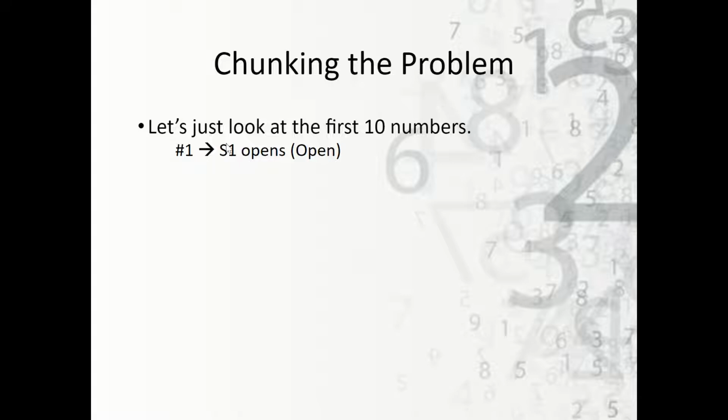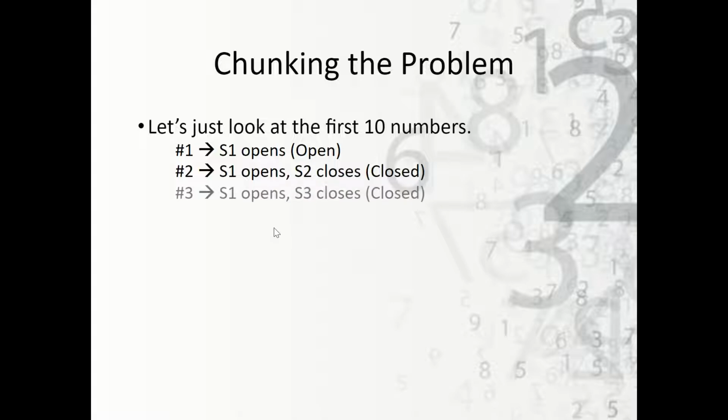So student 1 will open locker 1 and it'll stay open. Now locker number 2, student 1 opens it and then student 2 closes it. So it's closed. Locker 3, student 1 opens it, student 3 closes it. So it's closed. Locker 4, student 1 opens it, student 2 closes it, student 4 opens it, it stays open.